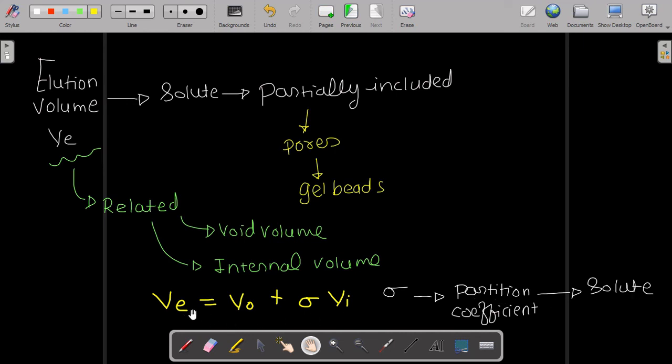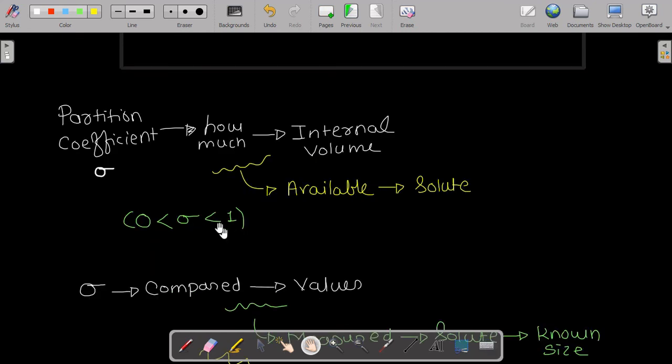So elution volume is equal to void volume plus sigma times internal volume. This partition coefficient sigma represents how much internal volume is available for the solute.